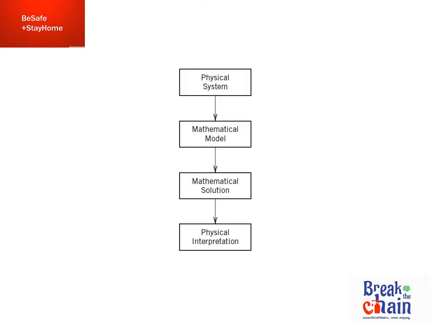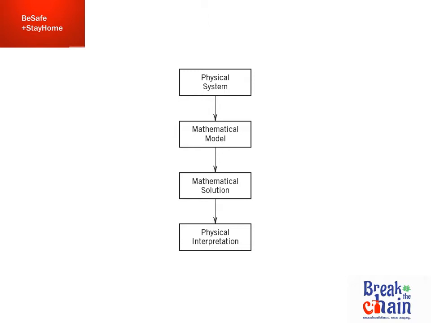Here you can see four blocks. First block says physical system, next is mathematical model, next is mathematical solution, and last one is physical interpretation. So in the process of modeling, we will first identify the physical system and construct a mathematical model for that particular physical system.